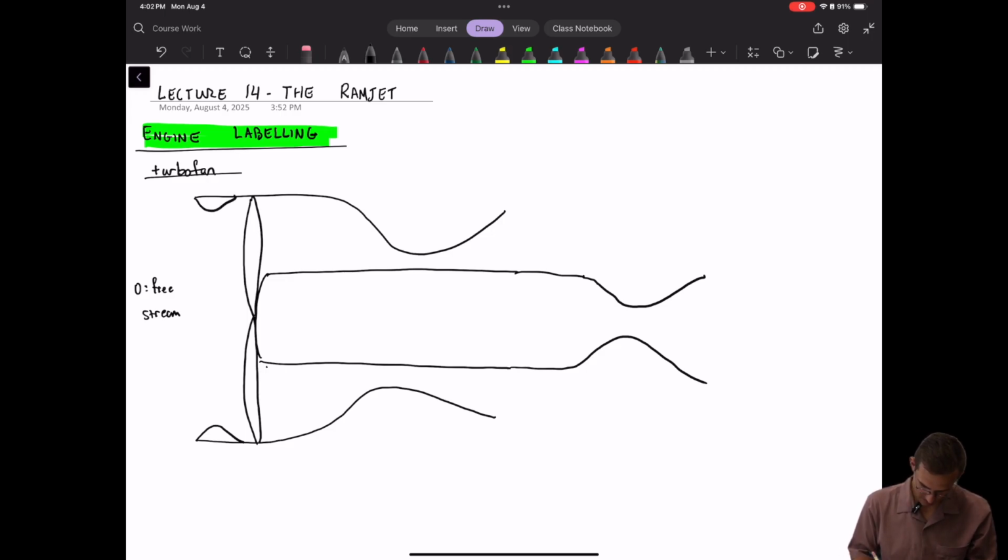The front edge of the inlet is labeled station 1. The throat of the inlet is labeled station 1.5.